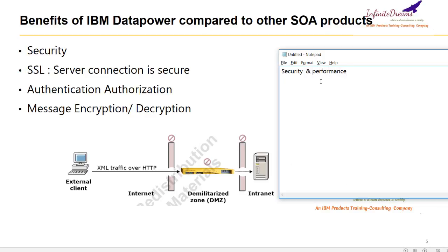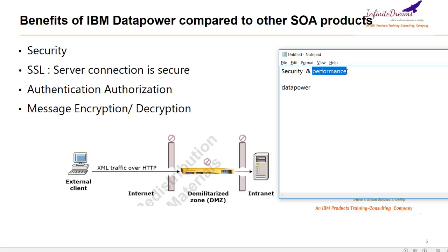This is the place where Data Power steals the show. Data Power is the best product in the market whenever we have to implement security and also make sure performance is good.